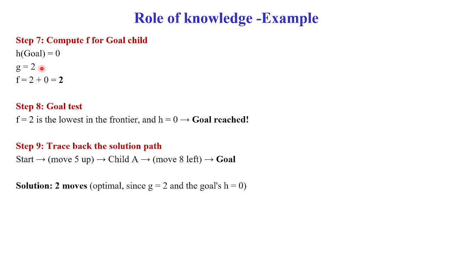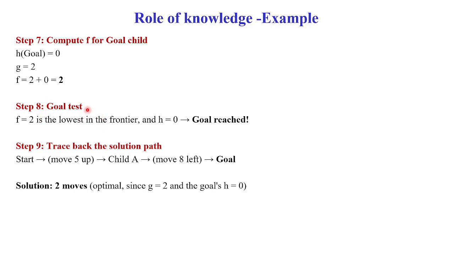So if you add both, we get 2. And we have to do the goal test. Again, f equal to 2 is the lowest in the frontier we have observed so far, and h equals 0. So the goal is reached. There is no remaining distance to the goal. So the goal test passes.